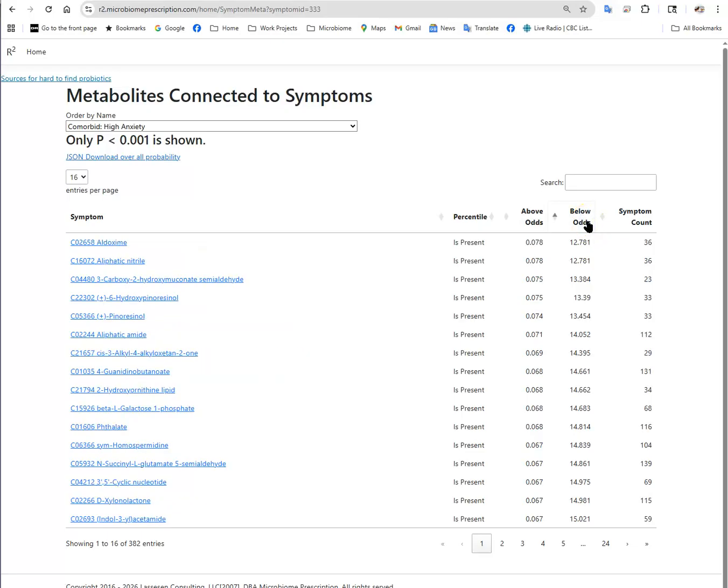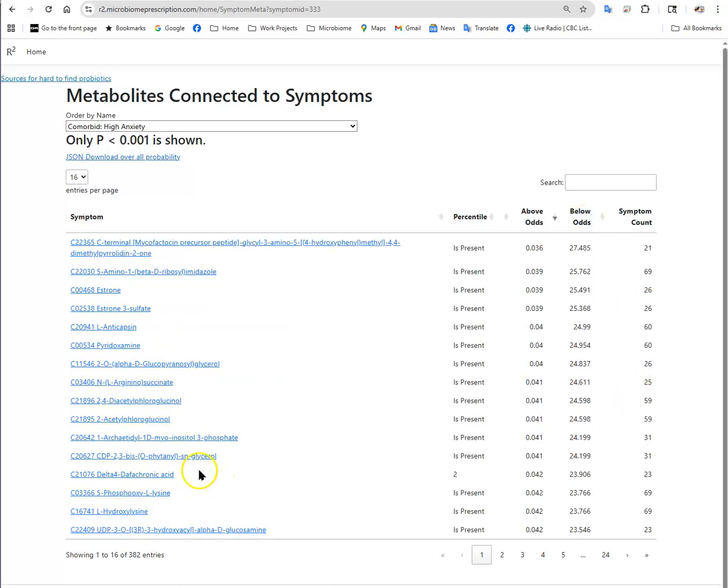In this case, basically, the presence of any of those substances causes high anxiety, and there's nothing which does the reverse, which is what we want: something which, if we somehow supplement it, would decrease anxiety.